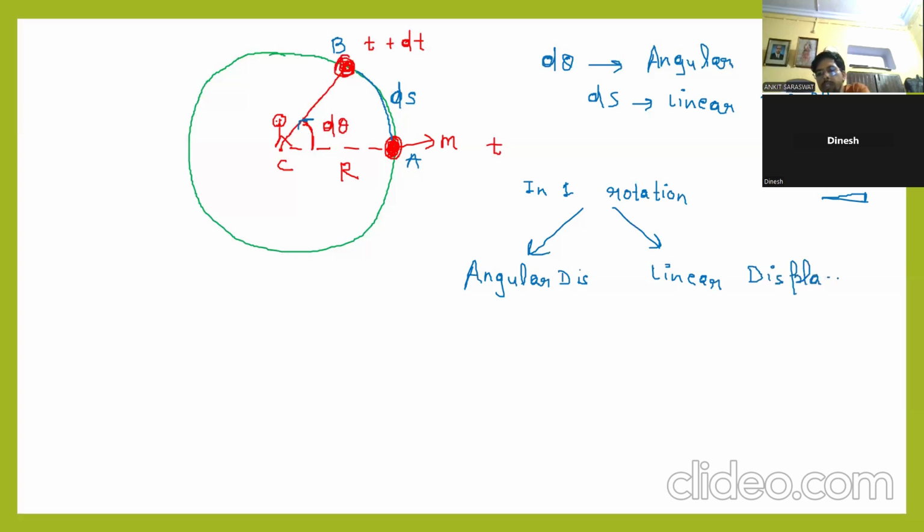If a particle completes one rotation, meaning it started from A and came back to A, then how much angular displacement? 2 pi. Clear? And in one rotation, how much linear displacement? 2 pi r. Clear?